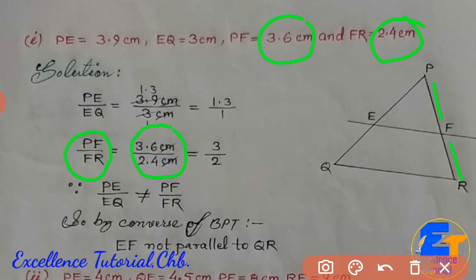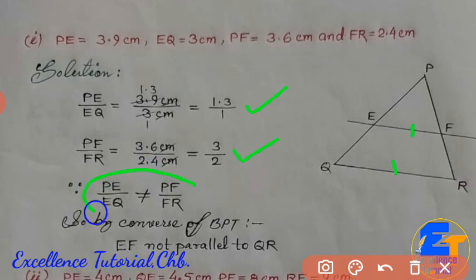Both these numbers are divisible by 12. 12 2s are 24 and 12 3s are 36. So for this side we got the ratio 3 is to 2, and for the left-hand side we got 13 by 10 or 1.3 by 1. From our calculation we got that these two ratios are not equal, so we can write that this EF line is not parallel to QR.